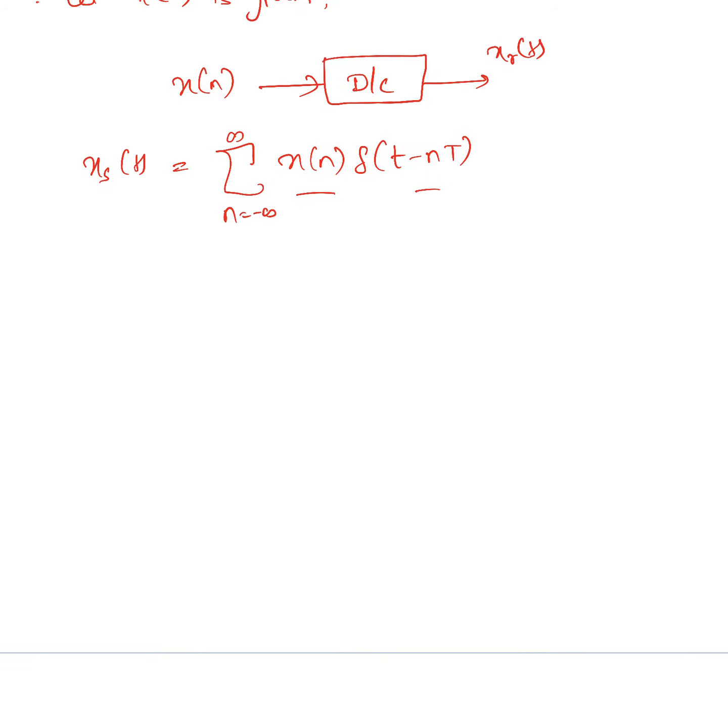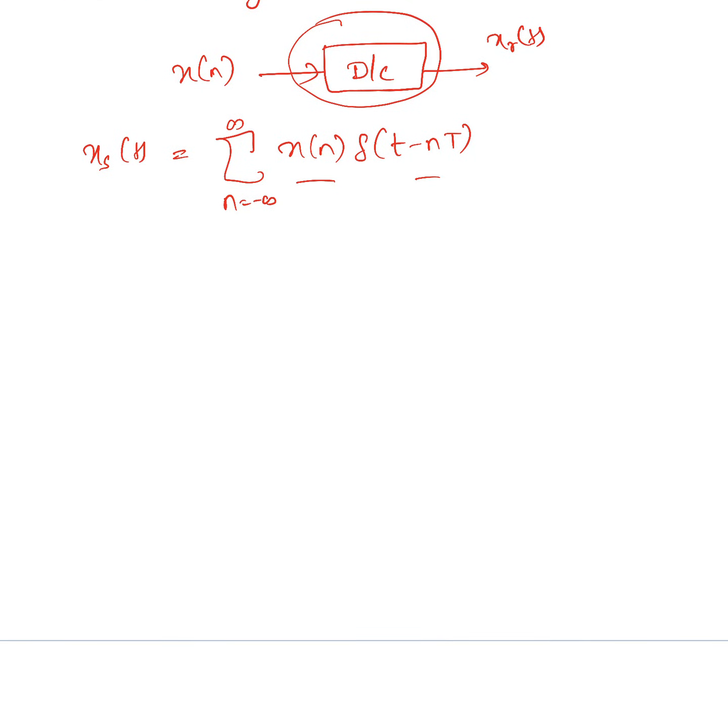So now we are opening this block, the D to C converter, to see what are the different components inside it. We have x of n. From this x of n, first of all we convert the sequence to an impulse train, which has the sampling period capital T. Note this block, because we will come back to it once again when we see the frequency domain analysis of this overall reconstruction.